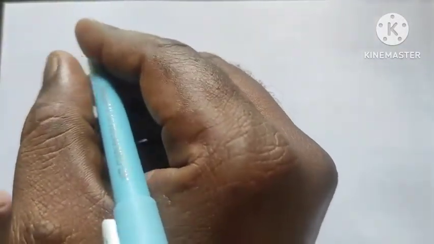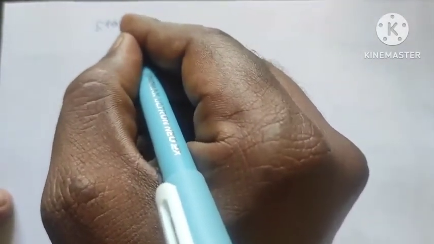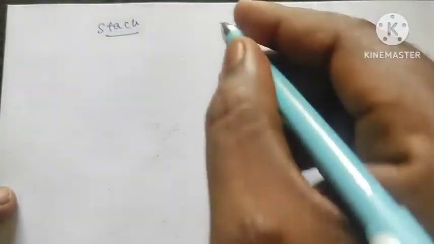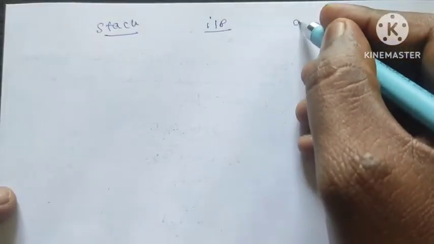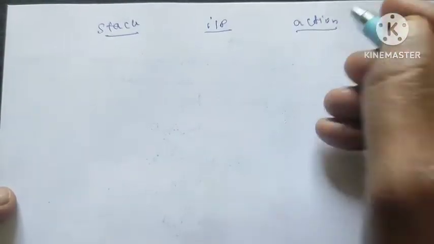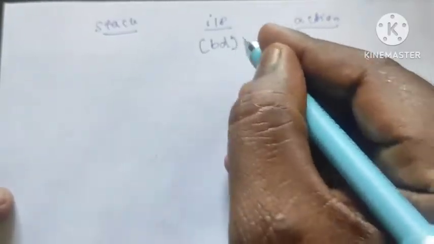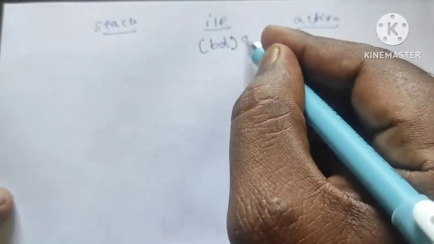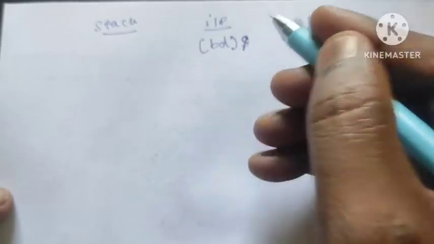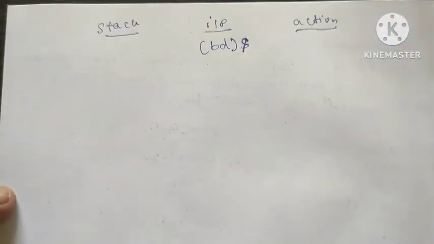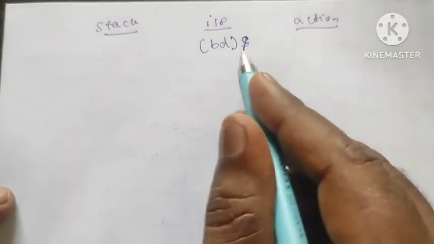I take a valid string. First is a stack, then we have input, then we have action. The valid string is open brackets BD, and the end should be denoted by a dollar sign. Dollar is called a delimiter, which denotes the end of the string.